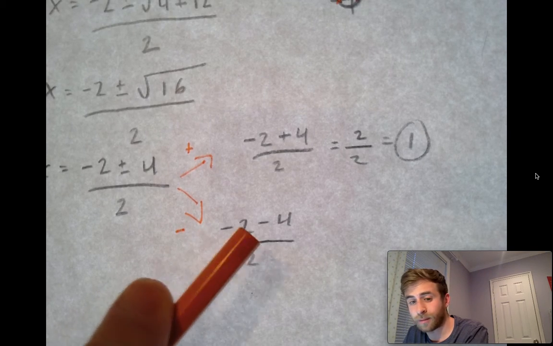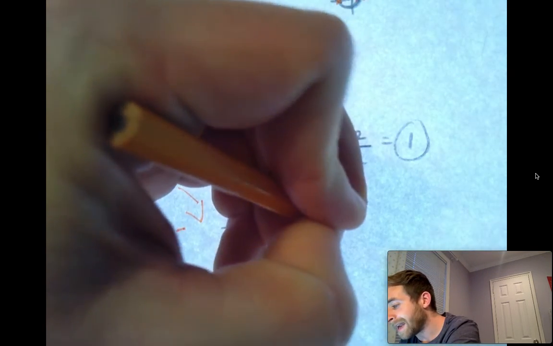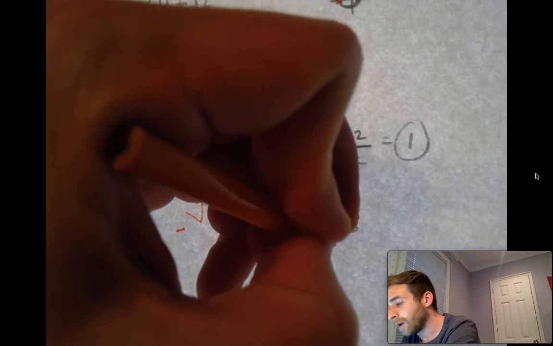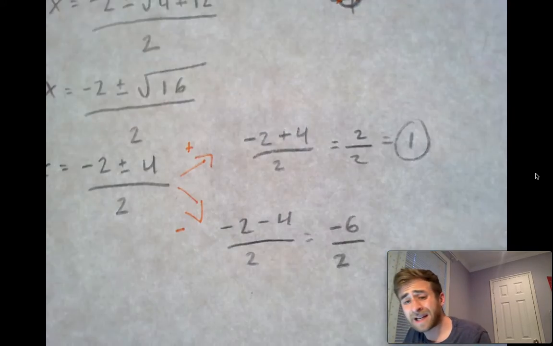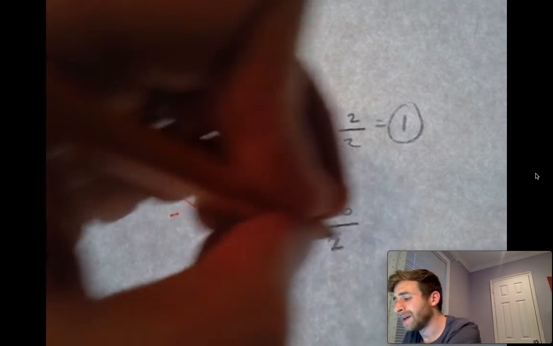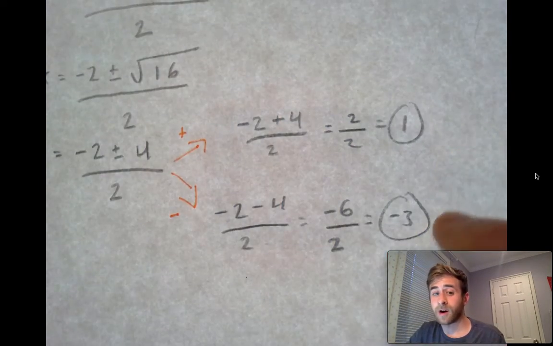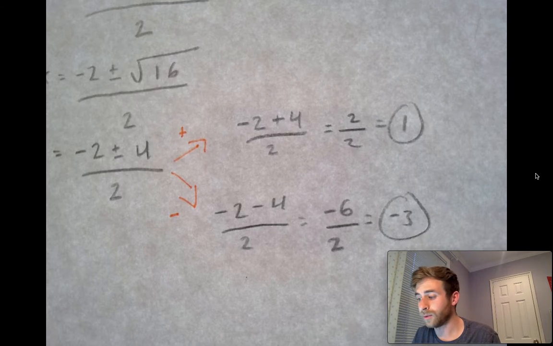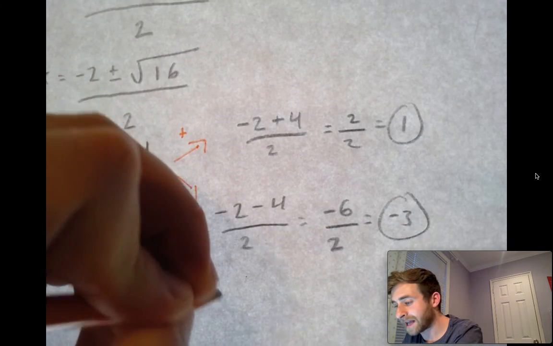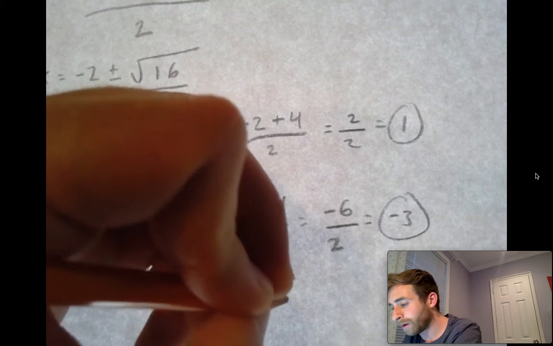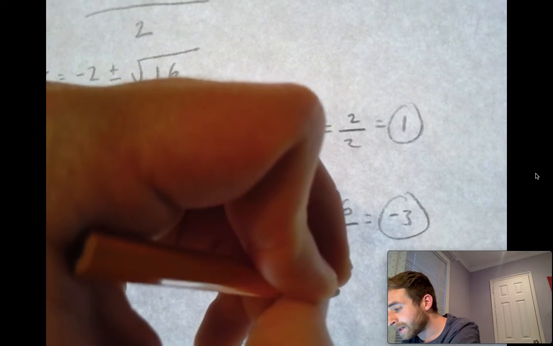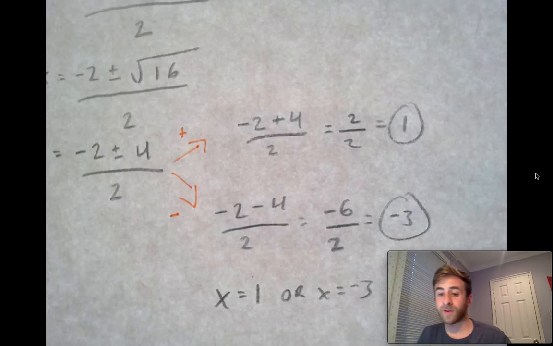So negative 2 minus 4 is going to be negative 6 over 2. Negative 6 over 2 is going to be negative 3. Here are my two solutions. So at the end of this, I can say that x equals 1 or x equals negative 3.